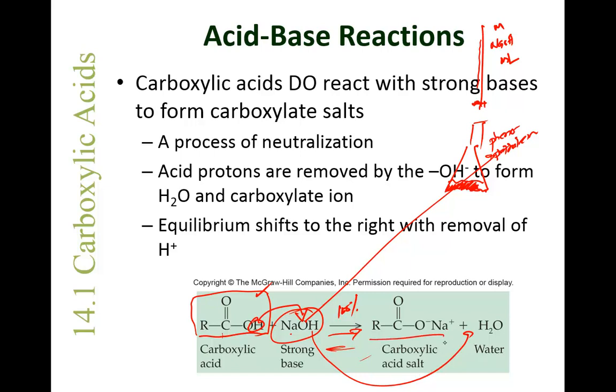All right, so a lot of times when we do this reaction in Chem 140, we don't write the sodium ion because it's not really that important to us, but it actually does two things for you. First of all, it shows you that this side is charge neutral. You've got this negative ion, and then you have the positive sodium ion. But what we're going to find out is these salts are really important in themselves, and so that's why they're emphasizing, oh yeah, the sodium.